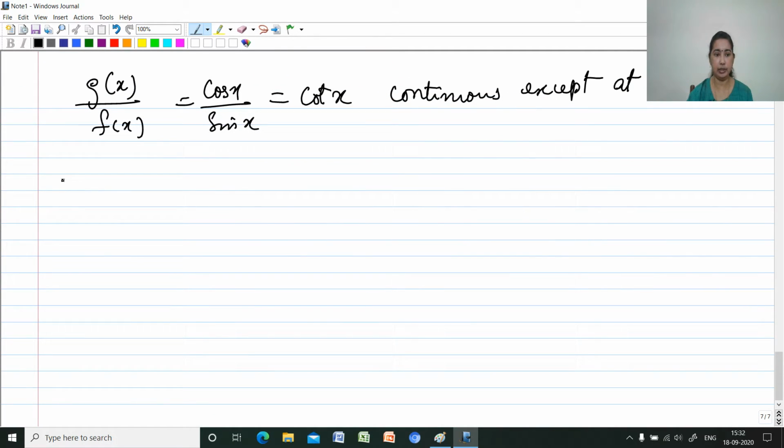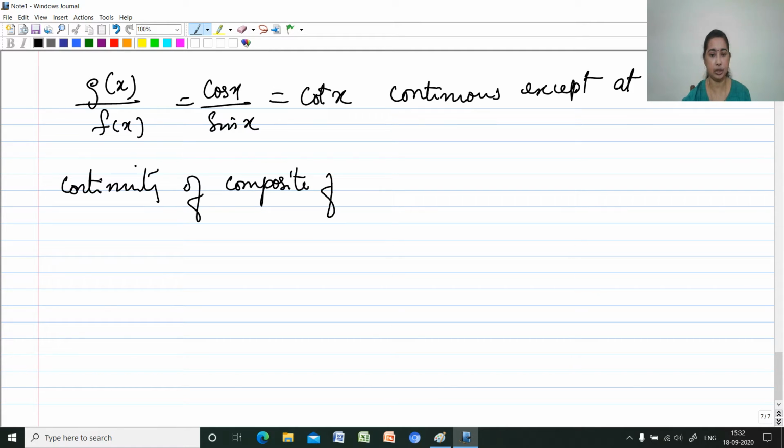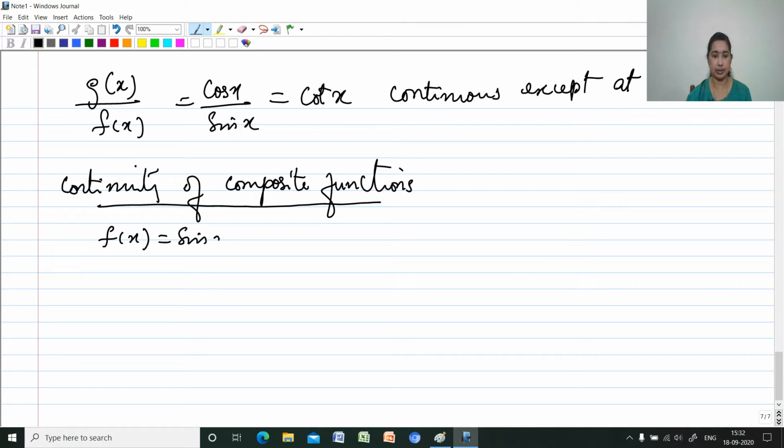Then next is continuity of composite functions. Let f of x be equal to sin x and g of x equal to x square.